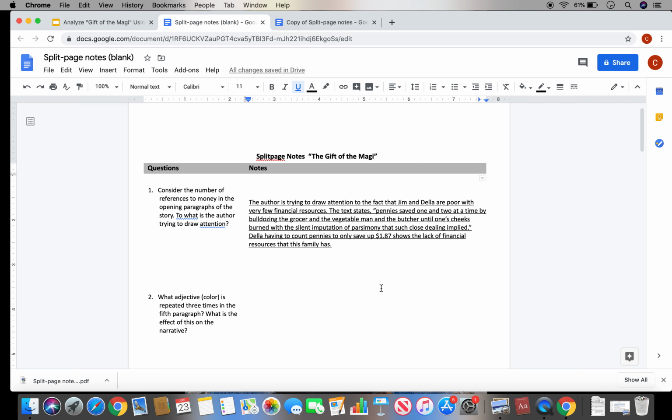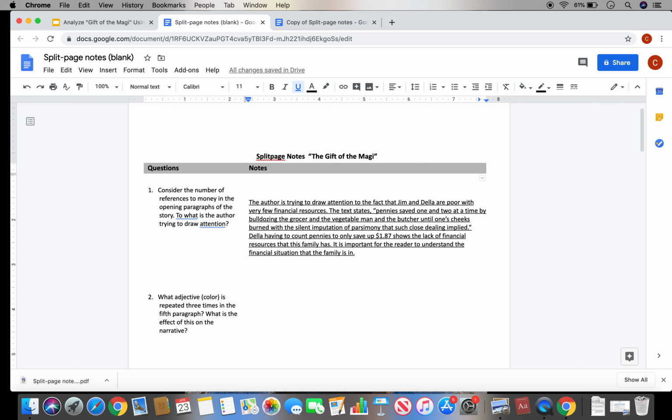So I'm going to say it is important for the reader to understand the financial situation that the family is in. Because that's what that's doing there, right? That's explaining the financial situation. So now that's taking care of my E. I just wanted to add a little more.